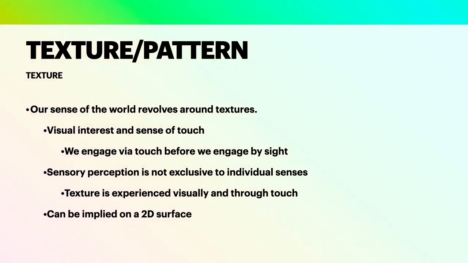Example, when you think about wood and leather or raw silk, you already kind of have a general idea of what that touch would feel like. Texture can also be implied by illustrative means or by setting up a pattern on a two-dimensional surface.